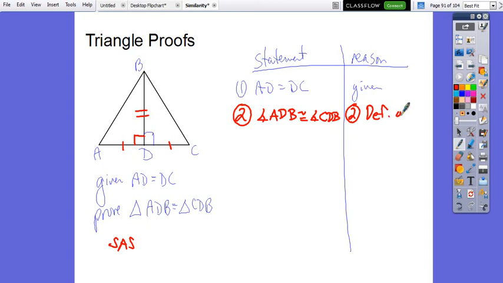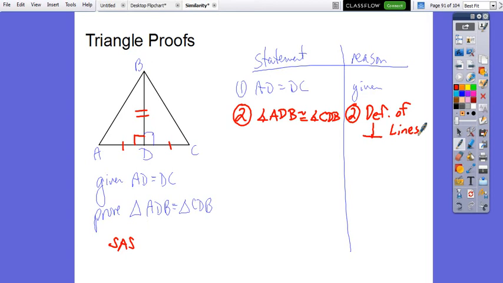We haven't really specifically talked about definition of perpendicular lines. Well, yes, you have, because you've been in Coach Rankin's class before, so that shouldn't be new. But definition of perpendicular just says that two perpendicular lines are going to make right angles. So we've got the right angles.